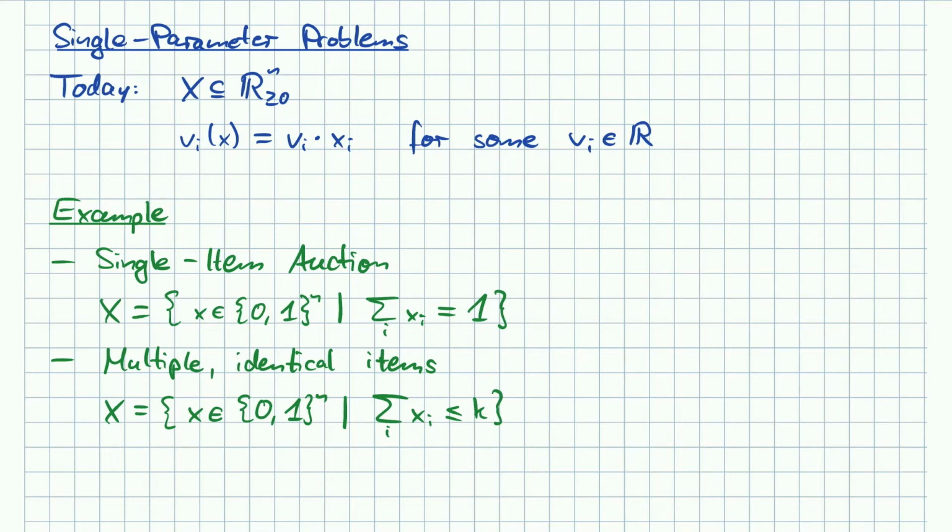But then we'll have at most k, so we might have here equal to or at most k, and this means that we have k identical items. And each player will still only get at most 1.